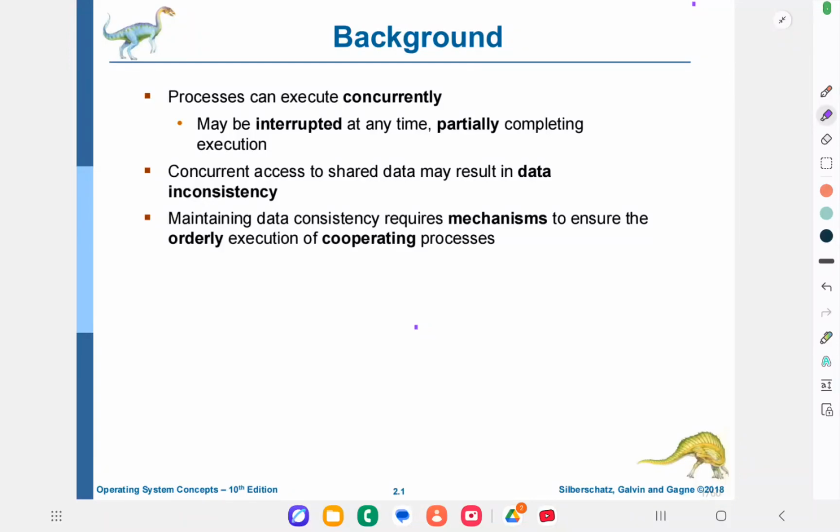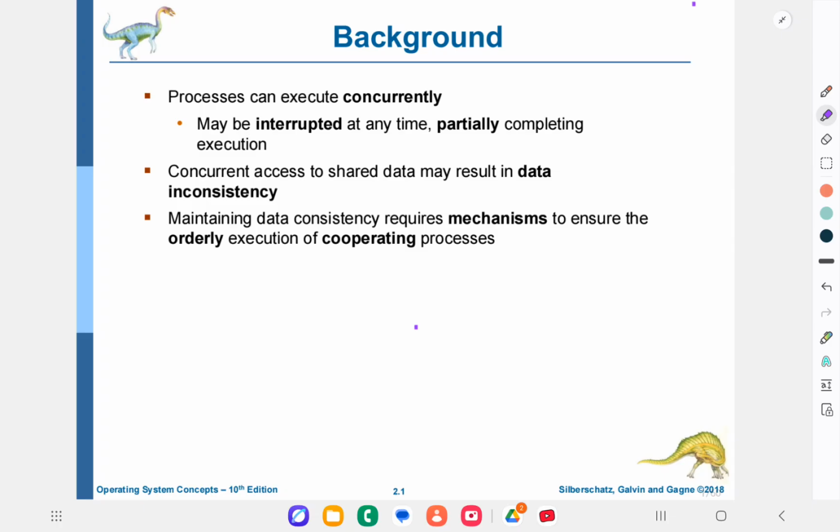So this week we're discussing synchronization. We know that processes can execute concurrently on the system, and because we have multiple processes and a limited number of CPUs, processes can be interrupted while they're running and before they complete their execution, right?